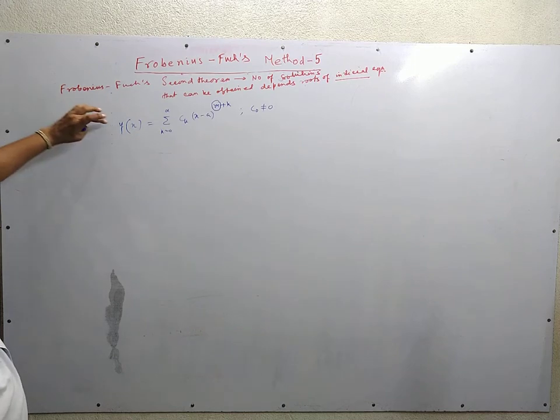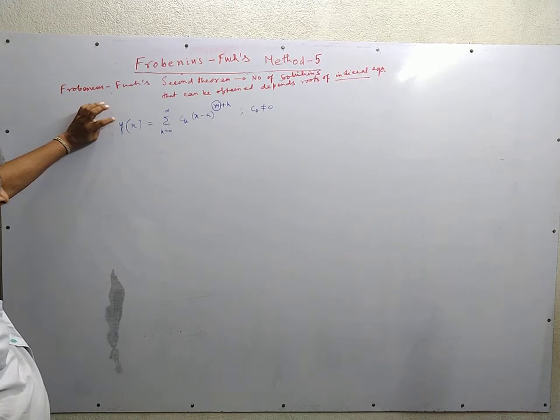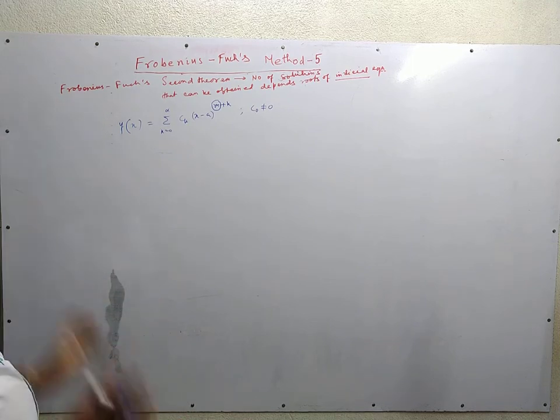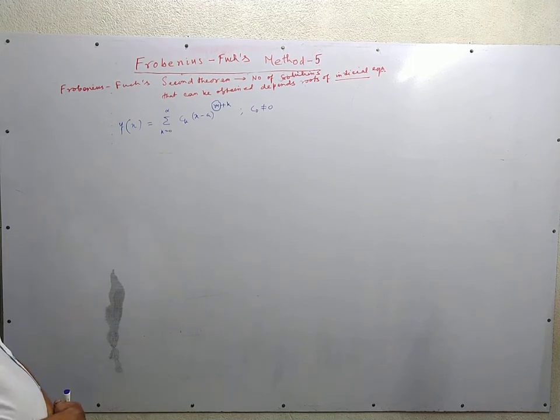That is, if we differentiate it once and twice and plug this into the original differential equation, then we end up with an identity, and by equating the lowest power of (x minus a) in this identity, we get the initial equation, which enables us to determine the index m.